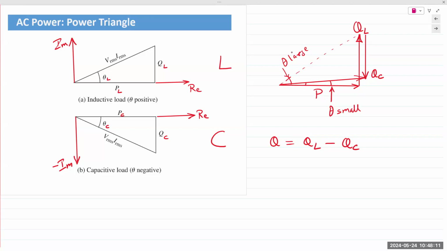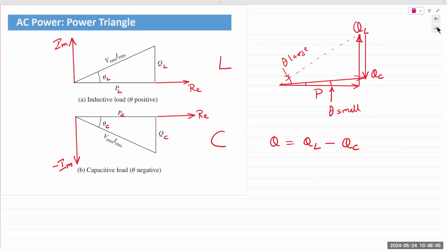We can never get QC exactly equal to QL because QL is always fluctuating, depending on the time of day, how many machines are running, the loads, and the values of those components. But that's the goal: to get QL as small as possible. And that is known as power factor correction.